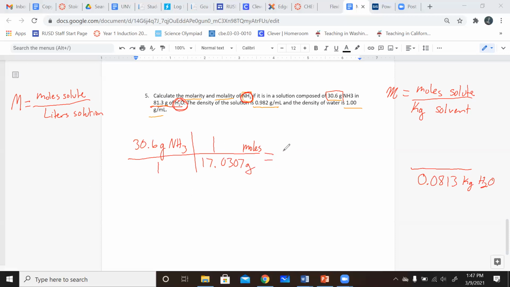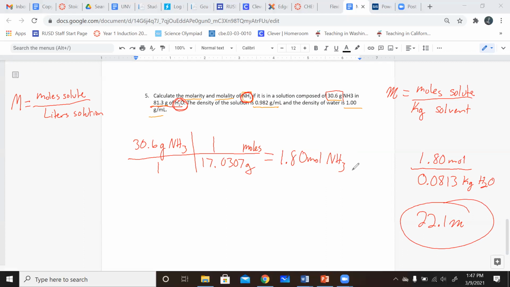So we get that there are 1.80 moles of NH3 present. So right away, we can go ahead and plug that in, 1.80 moles present there. We do that simple division and we get, I believe it's 22.1 molal. So that's molality.